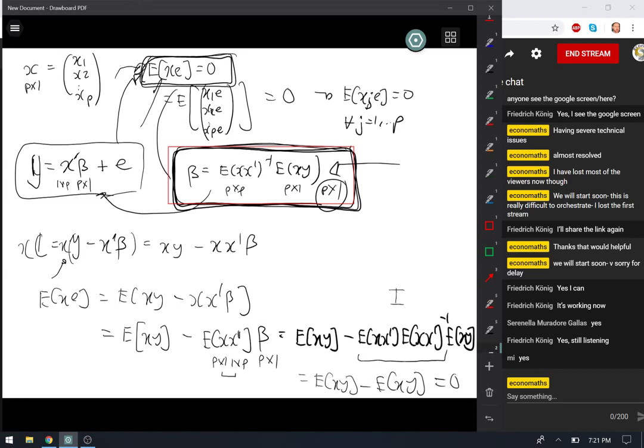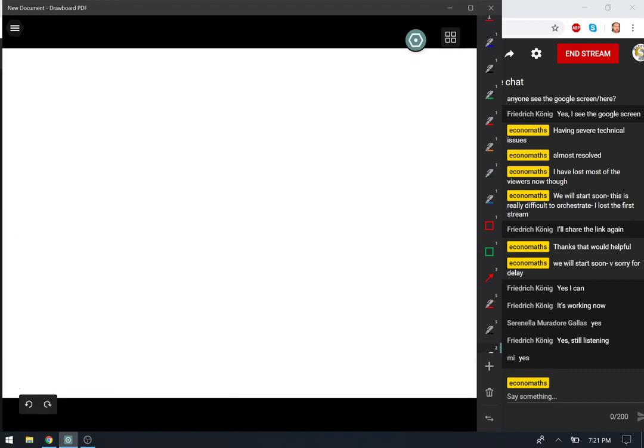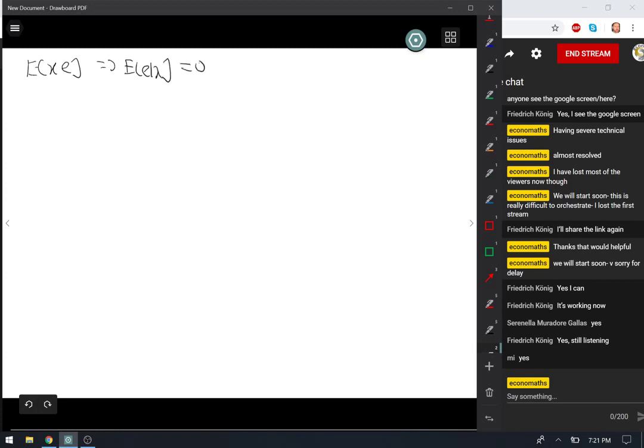So the next part of that was in essence asking you to verify that this here implies this, but not the other way around, not the reverse.